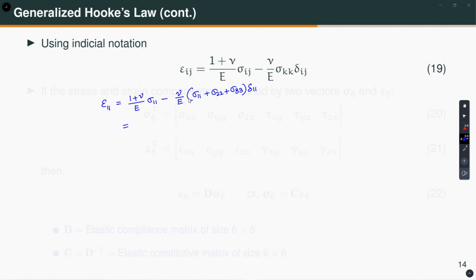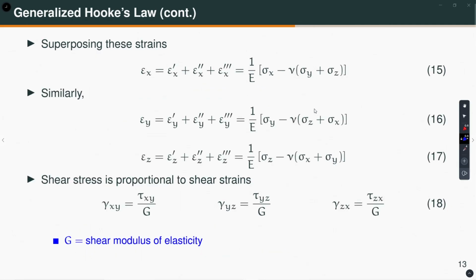From here I get sigma 1 by E, this term will cancel with that, and then I get minus nu by E sigma 2 plus sigma 3. This is what we have already written earlier: sigma 1 minus nu into sigma 2 plus sigma 3. Earlier we were using xyz, so this is sigma xx minus nu into sigma yy plus sigma zz.